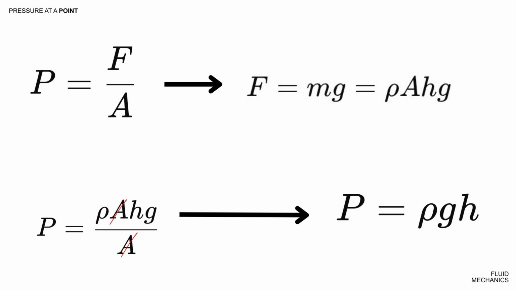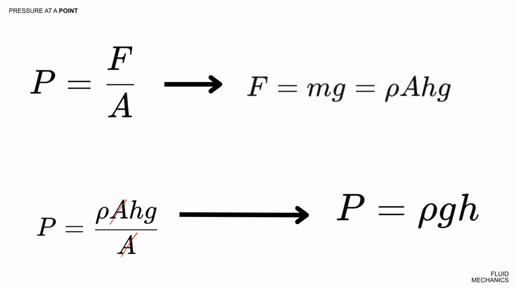Plugging it all in, force is equal to density times area times height times gravity. Plugging that into our formula, pressure is equal to force over area, we get pressure is equal to density times gravity times height.